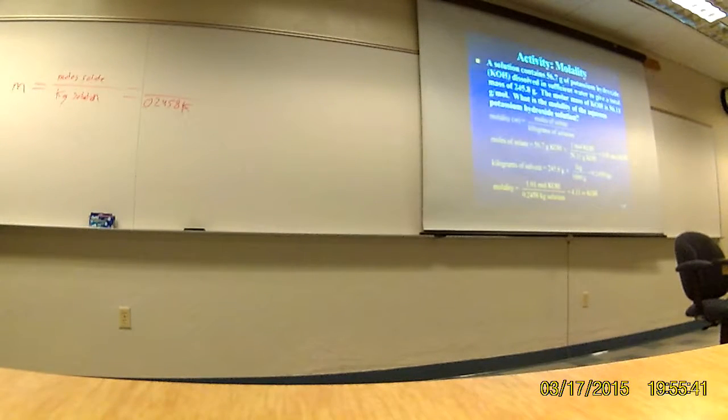Now we just need moles of our potassium hydroxide again. So 56.7 divided by what? 56.11. 56.11 equals 1.01 moles KOH.